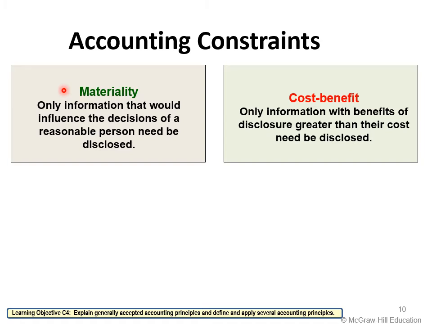Quickly, we'll just discuss some constraints. In class, we will look at financial statements, and one of the things that you'll notice is that oftentimes the financial statements are presented in thousands. If we look at Walmart, the financial statements are presented in thousands. What does that mean?